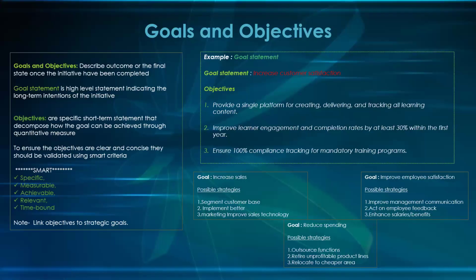It's good practice to ensure that all these points, specific, measurable, achievable, relevant, time bound, are considered when you are developing your objective. Your goal, you might not really be too specific in terms of a goal. It might just be one statement, a long-term statement that you can achieve over time.